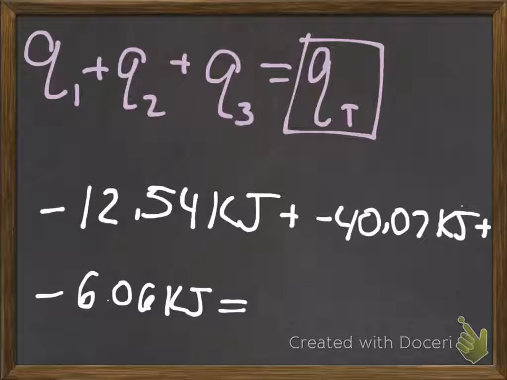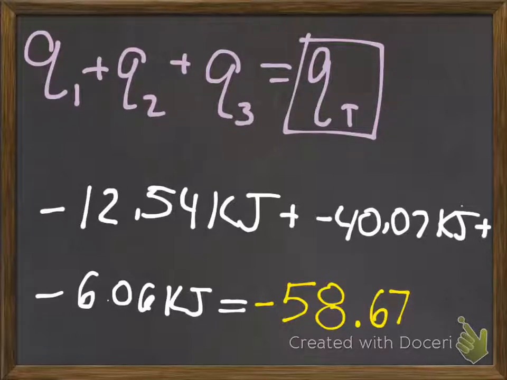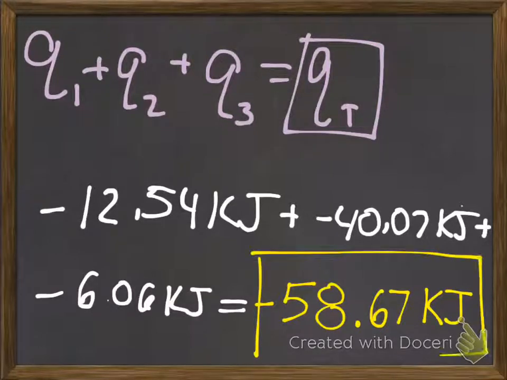Add this number up, and the total amount of kilojoules given off when water goes through these phase changes and temperature changes is negative 58.67 kilojoules. And that is the total kilojoules given off when 120 grams of water goes from 25 degrees Celsius to negative 25 degrees Celsius.